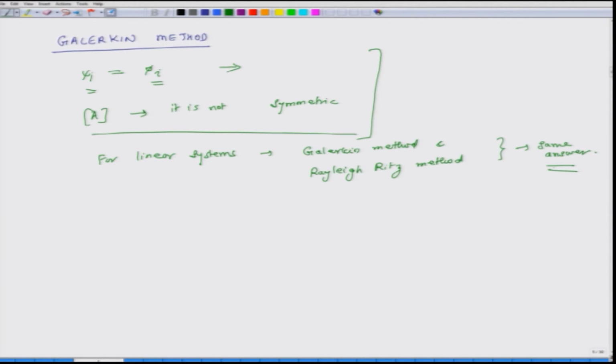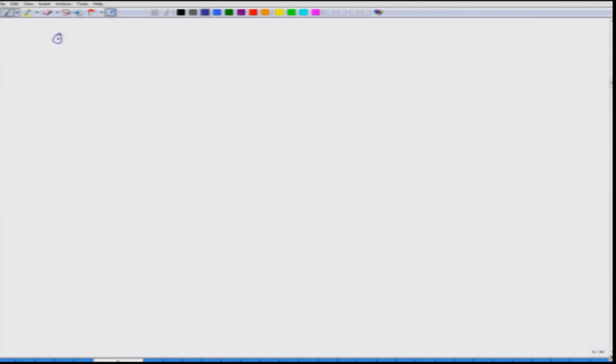So, we have looked at the first one, which was Petrov-Galerkin, and the second one, Galerkin. The third method is called the method of least squares. So, what do we do here?